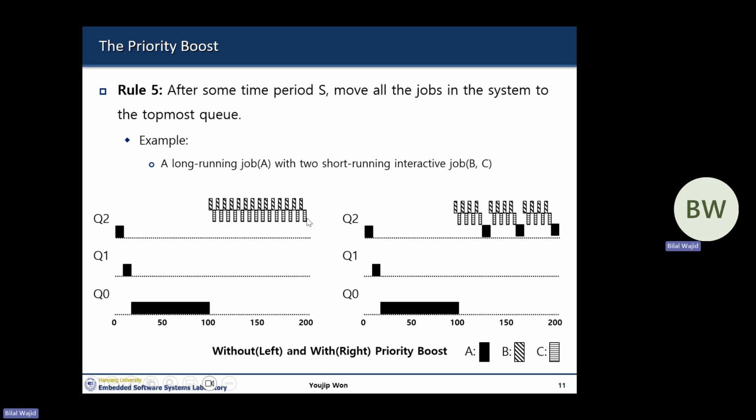But anyhow, in this particular framework, these low priority jobs never get the time of the CPU. So now what you do is issue what is referred to as a priority boost. Now, the priority boost basically does what it says.